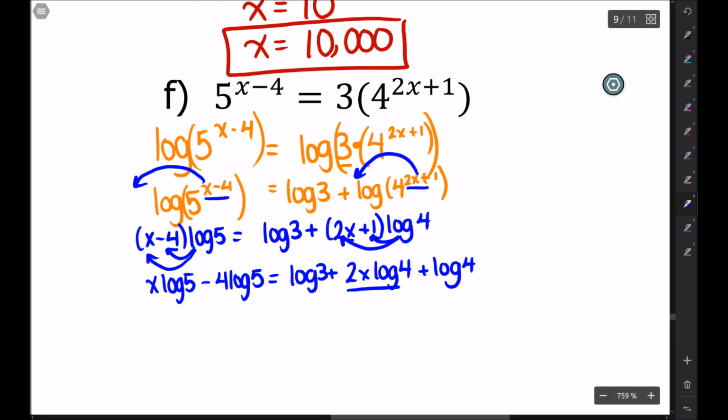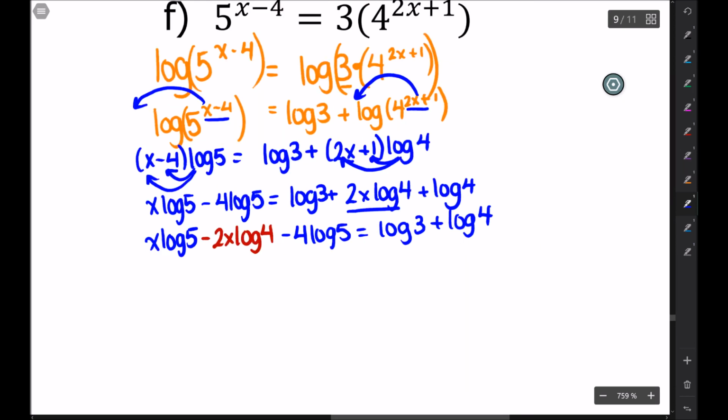So I'm going to get rid of this 2x log 4 right here, and I'm going to subtract it, and now it's going to end up being on the left side. So I end up getting x log 5 right here minus 2x log 4. Okay, and then I'm just going to copy the rest of the equation down as I see it. Minus 4 log 5 equals log 3 plus log 4.